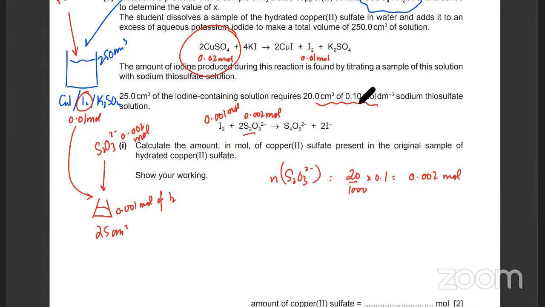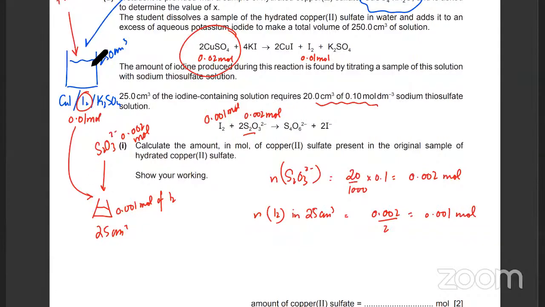The next thing was we figured out the moles of iodine by using ratios. So we figured out the moles of iodine in 25 cm cube, and it was 0.002 divided by 2. Make sure you present your answers properly.